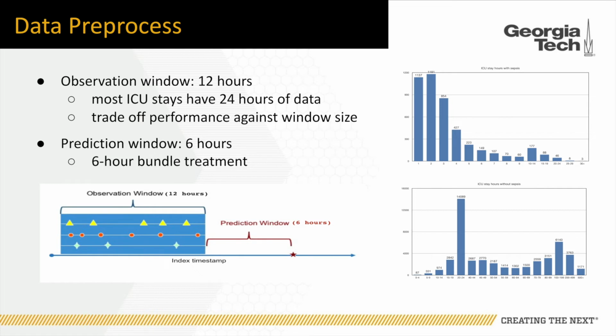So 6 hours should be a good timestamp for us to see any changes in a patient with sepsis. Too short a prediction window is meaningless because we do not have enough time to change the treatment or apply other methods. The index timestamp shown in the figure is 6 hours before the onset time for a patient with sepsis. For a patient without sepsis, the index timestamp is just the last recorded time.